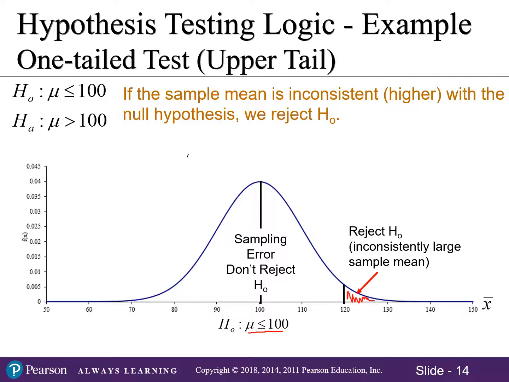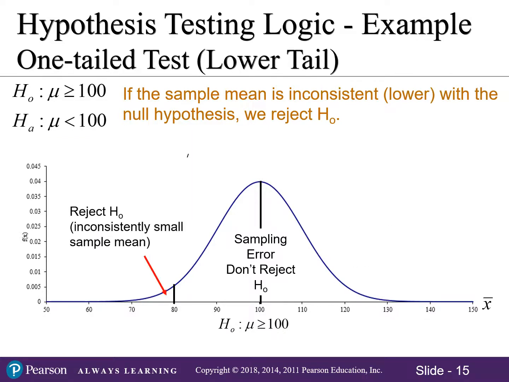Another way to ask yourself is, is it good evidence for the alternative hypothesis? The alternative is that I think it's greater than 100, so I want to look at things that are bigger. Is it big and unusual? If it's over here, we're going to say it looks too large. That appears to be something that's not good evidence that our mean is under 100.